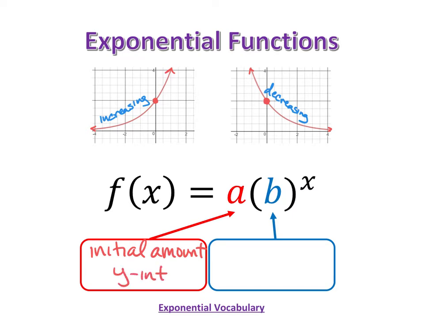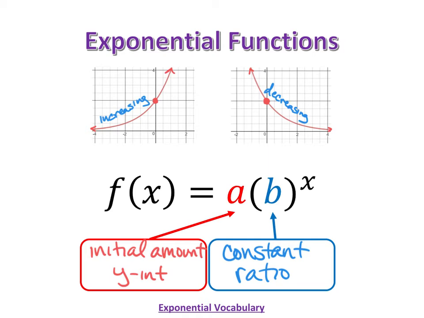So the number right here in front of the parentheses is my initial amount, or where that graph crosses the y-axis. The b, or the base, is called my constant ratio because it's the ratio with which the numbers are changing. So if my function is doubling, double is 2, so my constant ratio would be 2. This would be an increasing exponential function.